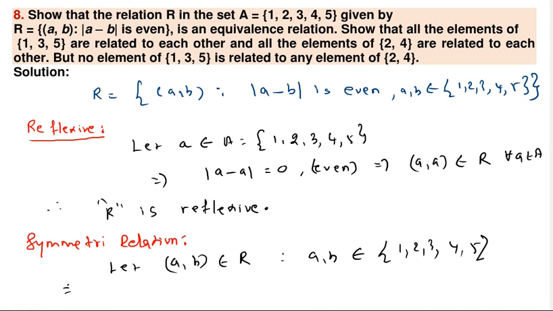It is very important. As (a, b) belongs to R, the absolute difference between a and b is an even number, and by interchanging a and b, mod of b minus a is also the same even number, and because of this we can conclude (b, a) also belongs to the relation R, and so the relation R is symmetric.